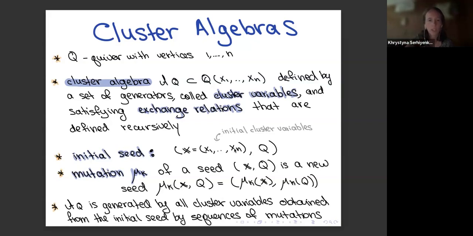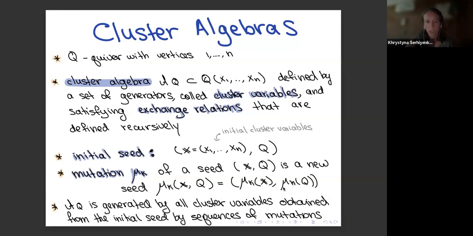Everything's initial. Then there is a mutation operation mu sub k. Given any seed, it produces a new seed, mu sub k of (X, Q), where I have to do some mutation of the cluster variables, mu k of bold X, and the quiver mutation mu k of Q, which we've just gone through.